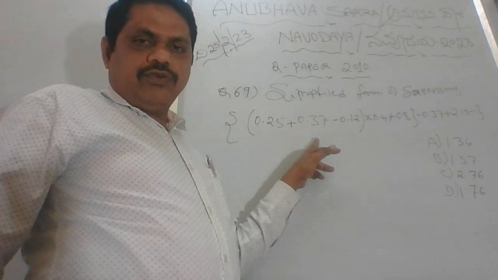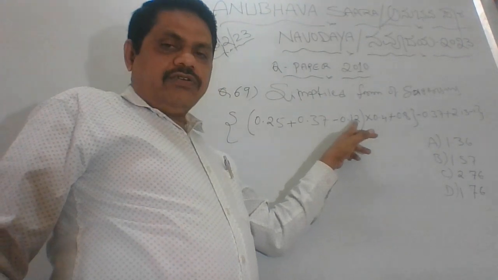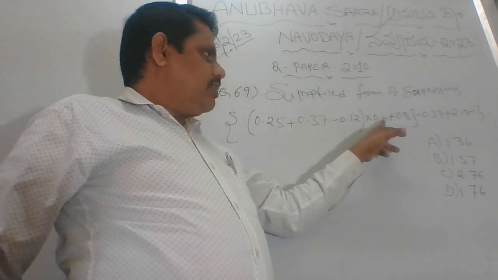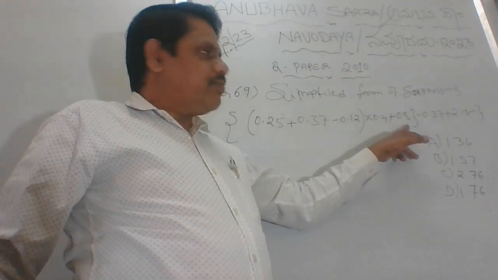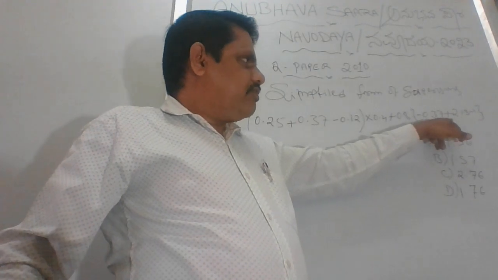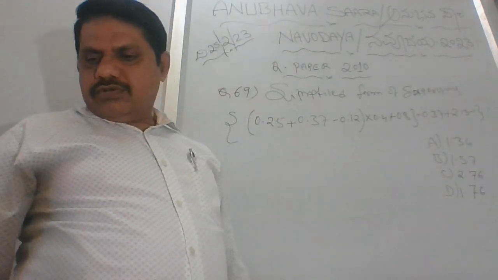0.25 plus 0.37 minus 0.12, then it's multiplied by 0.4 plus 0.8 minus 0.37 plus 2.13 minus 1.